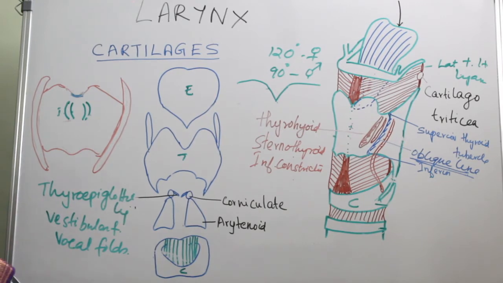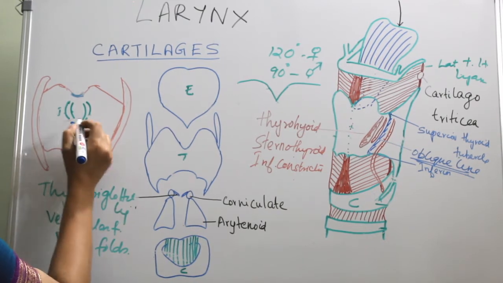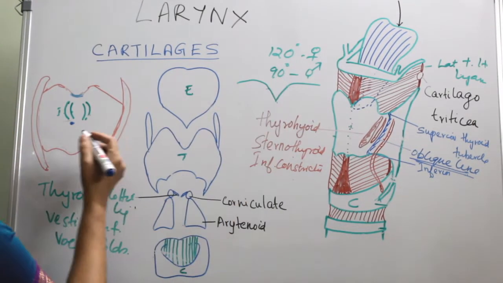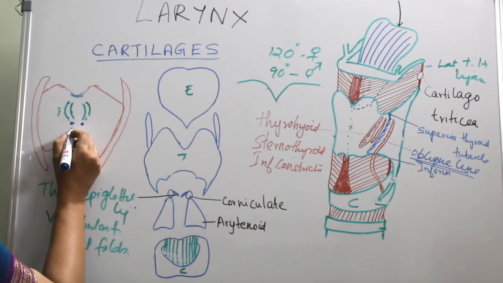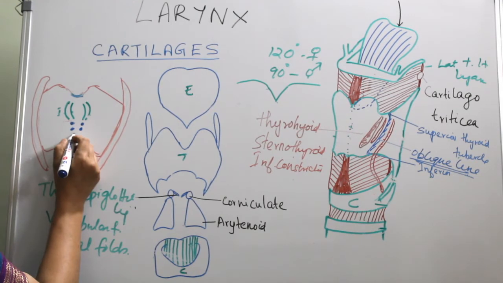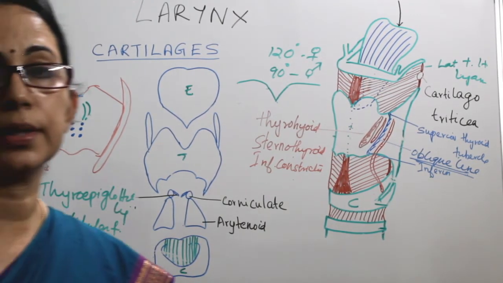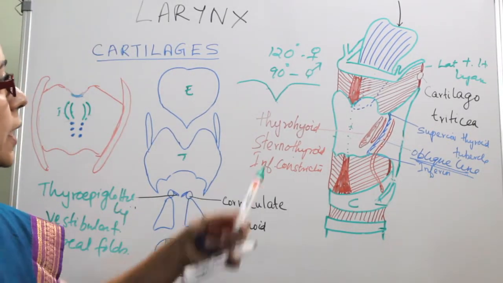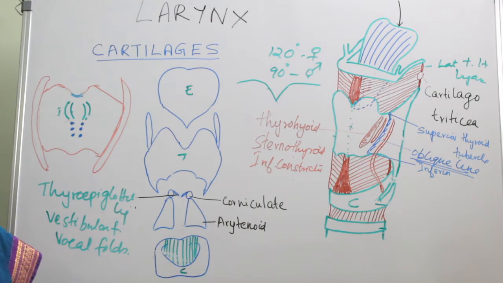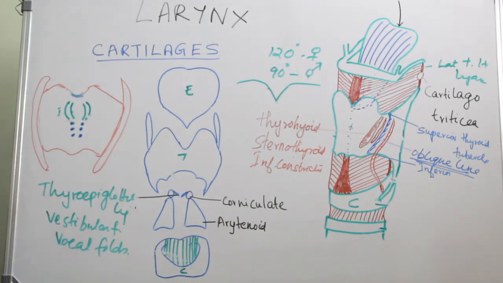Okay, and there are also three muscles. Which are the three muscles? You have your thyroepiglottic muscle, then thyroarytenoid muscle and also vocalis muscle. So there is one ligament, which is the thyroepiglottic ligament. There are two folds, which are the vestibular fold and the vocal fold.